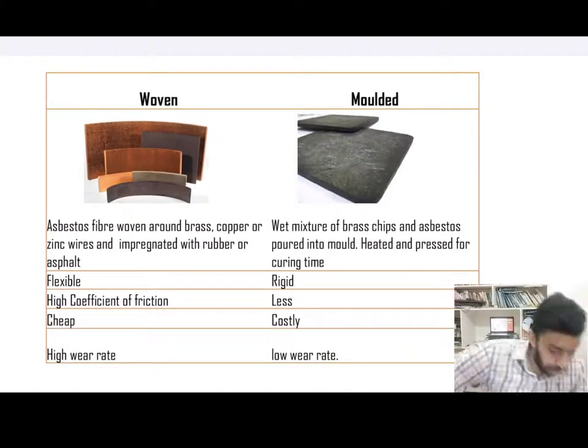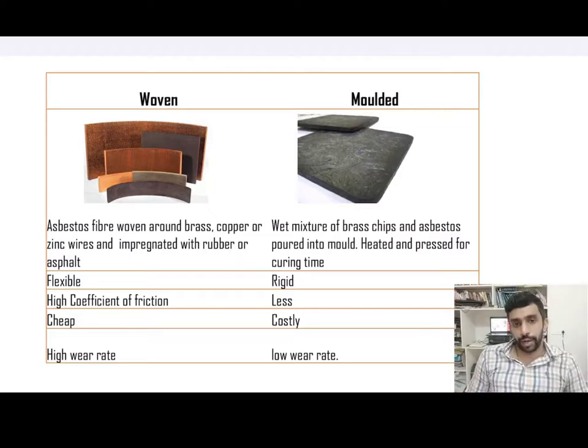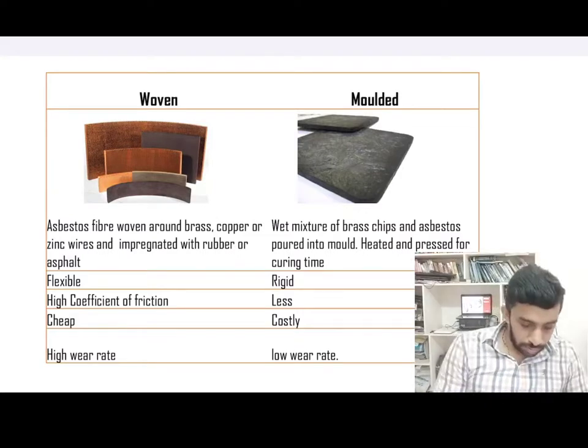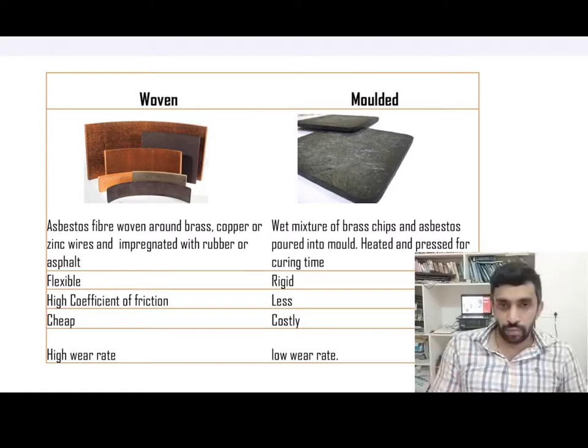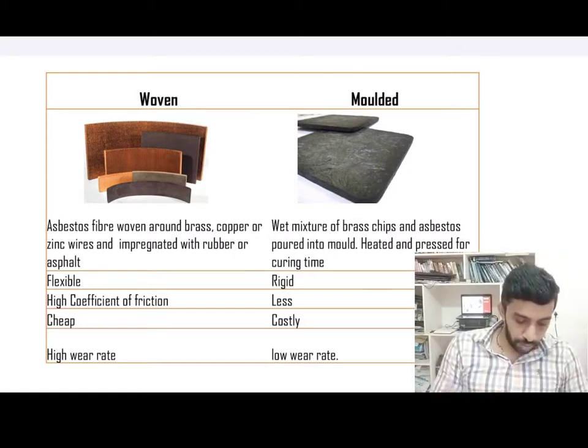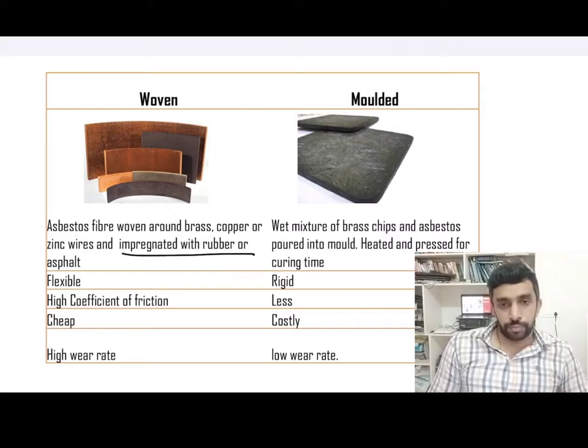Now if you take the clutches, there are two types of clutch materials. One is woven type and the second one is molded type. I think the name itself is self-explanatory. Woven means you have fiber which is woven around brass or copper or something like that, or even impregnated with rubber.